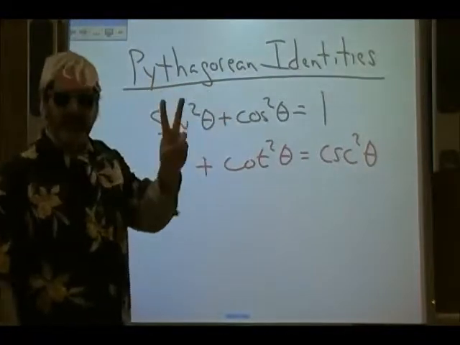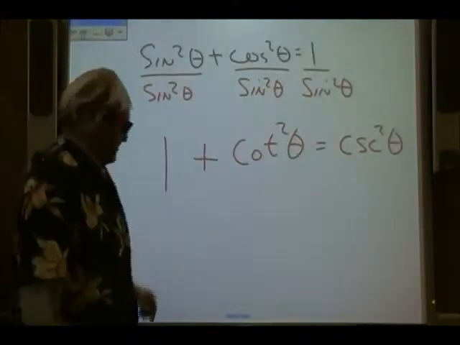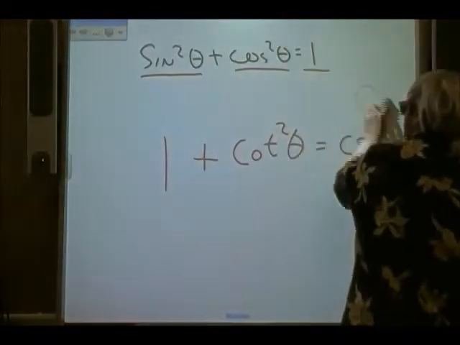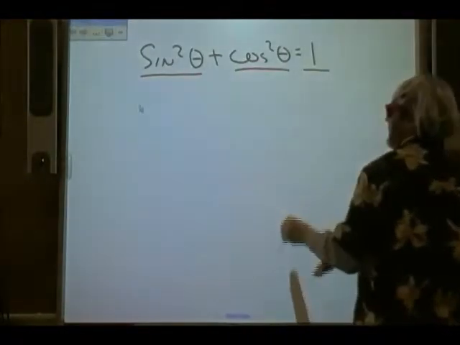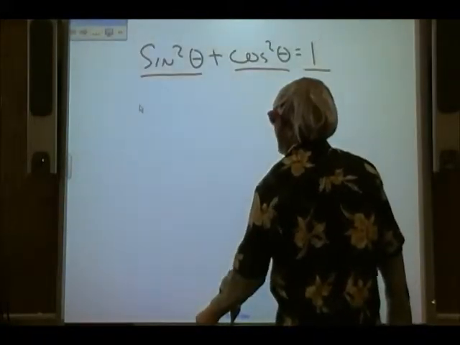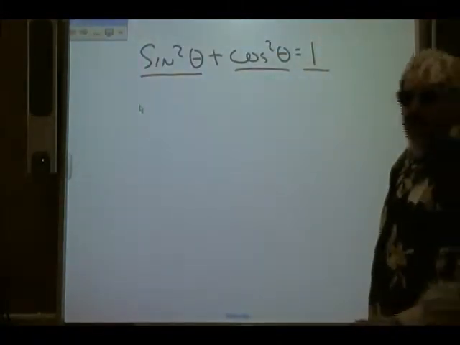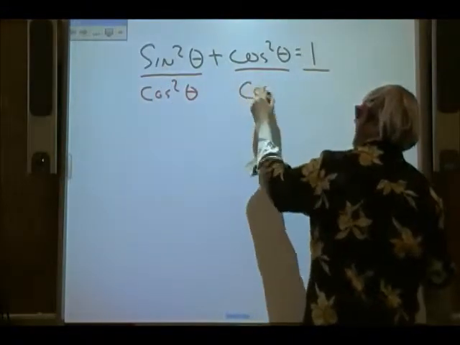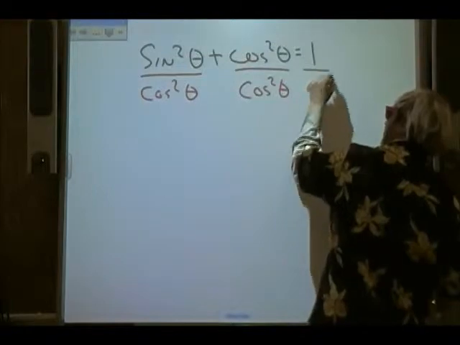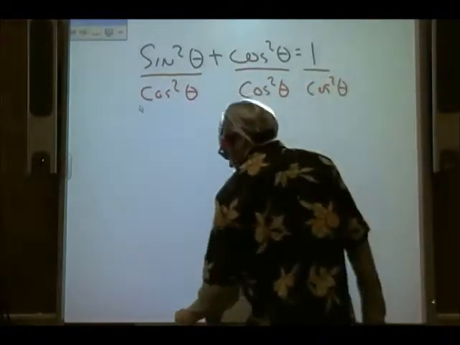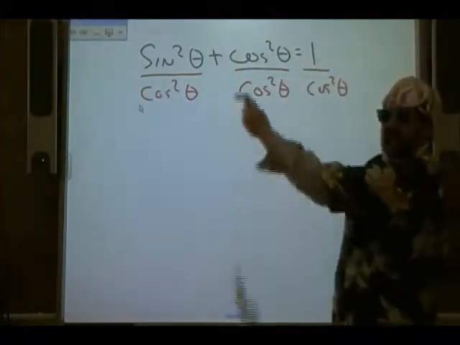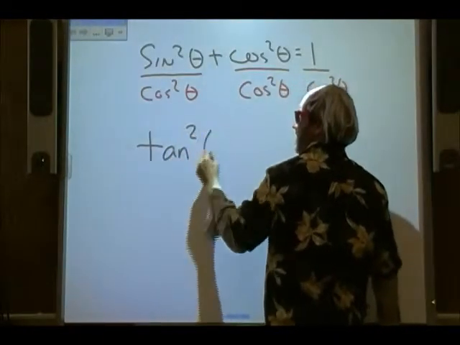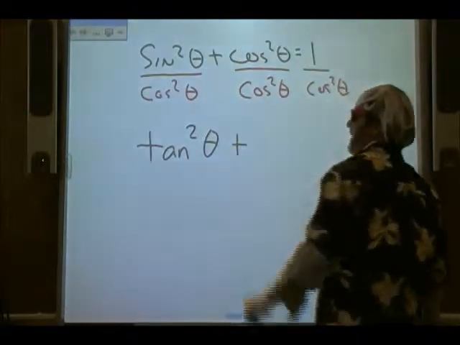So that's 2. Let's go back to our original, and this time let's divide by cosine squared theta. So I divide this by cosine squared theta, this by cosine squared theta, and this by cosine squared theta. Look what happened. Sine over cosine is tangent. So this is tangent squared theta.